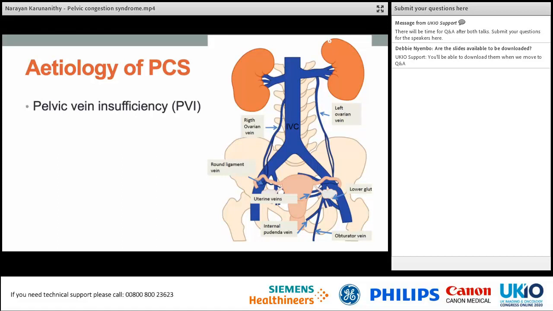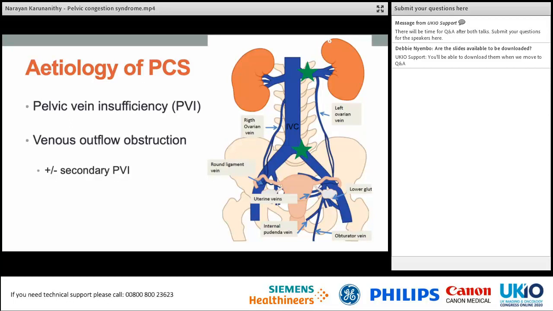But it's also important to bear in mind that the pelvic congestion can occur as a result of venous outflow obstruction. And when they occur in the left common iliac vein, it's often described as May-Thurner syndrome.